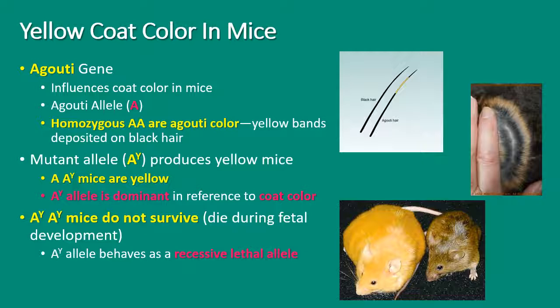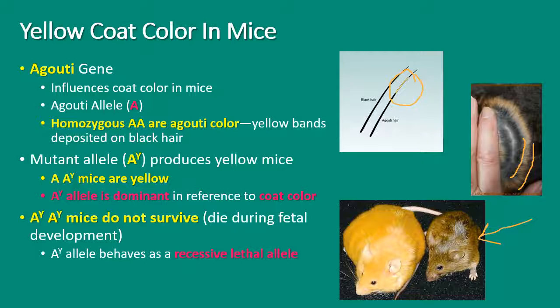All right, so a good example of lethal alleles is the one associated with yellow coat color in mice. So mice are typically this agouti color that you see here. It's kind of like a blend of yellow and brown, and it comes from this banding pattern that you see here, where a band of yellow pigment is laid down on the shaft of the hair.